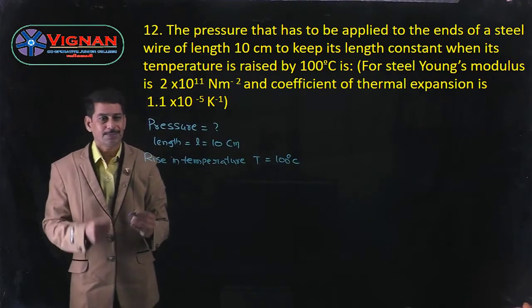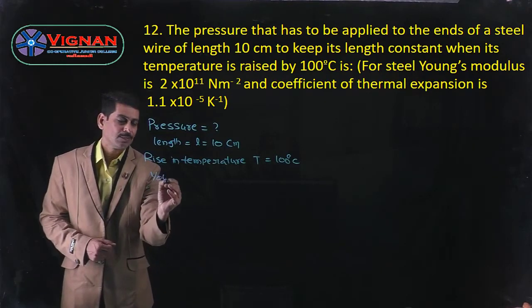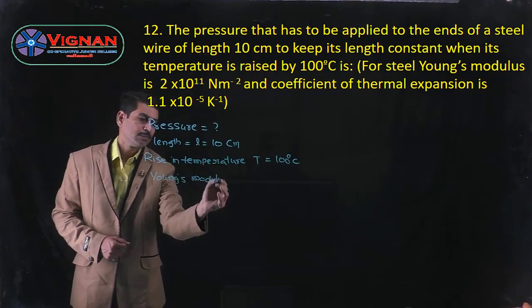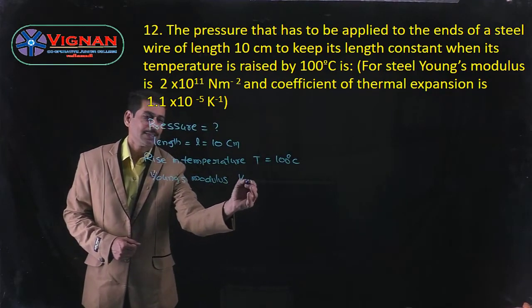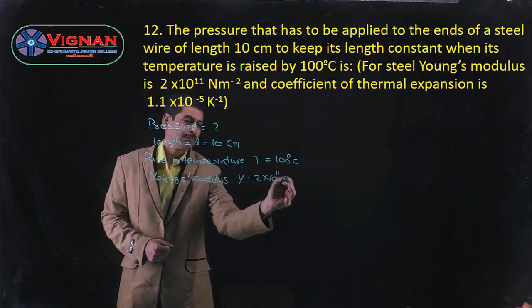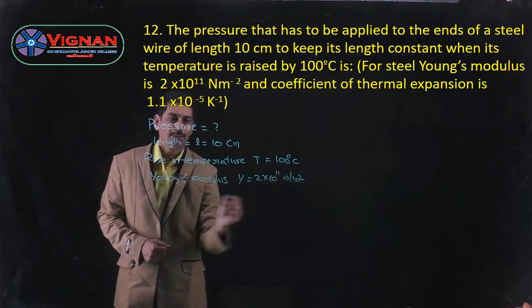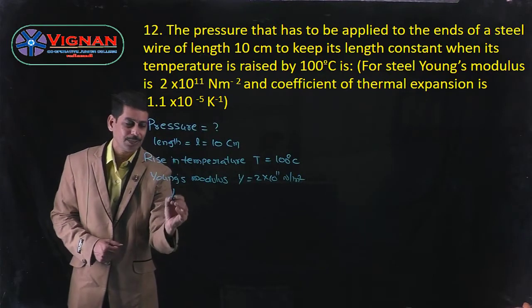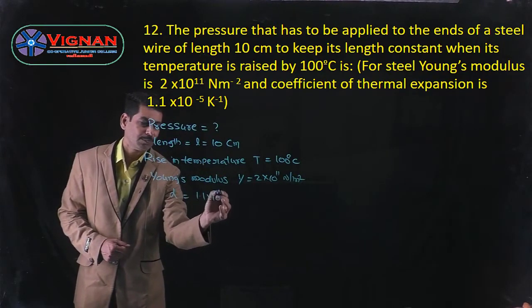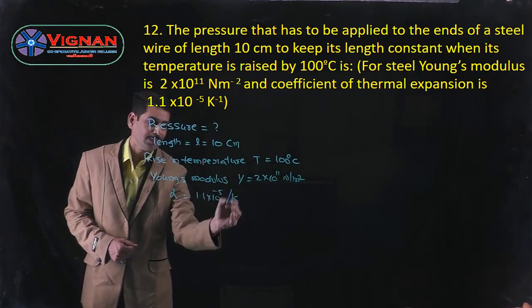The Young's modulus Y is given as 2 into 10 power 11 Newton per meter square, whereas the coefficient of linear expansion, alpha, is given as 1.1 into 10 power minus 5 per Kelvin.